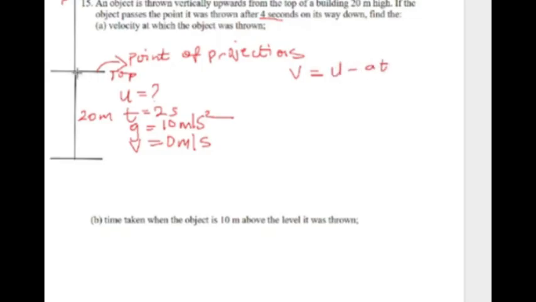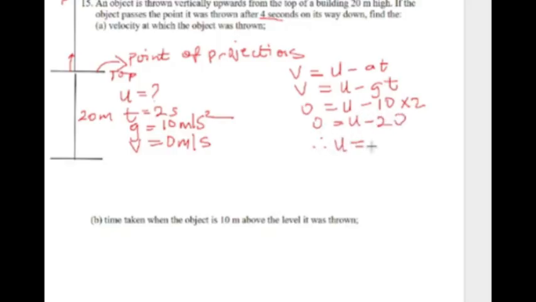Why is it negative? Because at the point of projection, we are opposing gravity. So this becomes v is equal to u minus gt. Okay, the final velocity is 0. We substitute, minus 10 times 2. So we have 0 is equal to u minus 20. Therefore, initial velocity u is equal to 20 meters per second, and that is the answer.